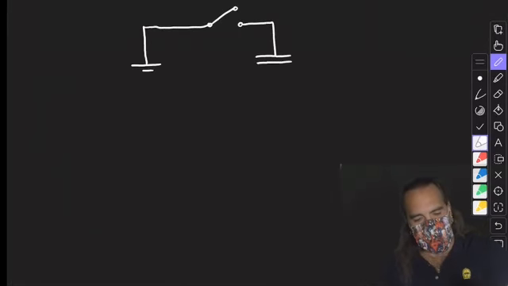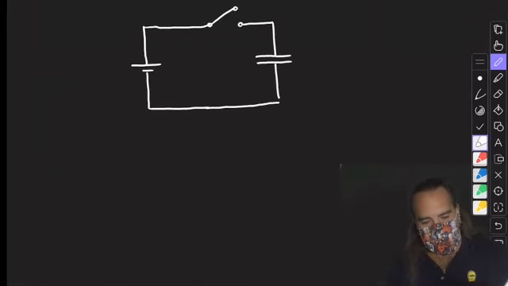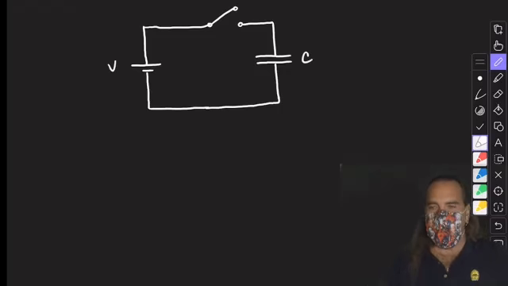So let's consider a simple charging circuit, since that's really all we're going to talk about for the beginning of our discussions. In this circuit, we have no resistors at all, just a capacitor, a switch, and a battery. The battery provides a voltage source, and the capacitor provides a sink for charge.